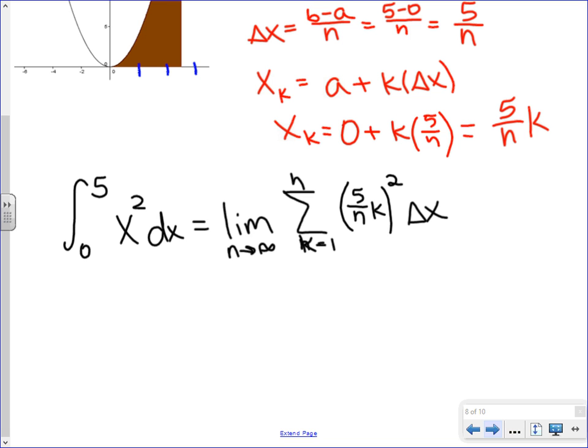Then we have delta x, which we found to be 5 over n.